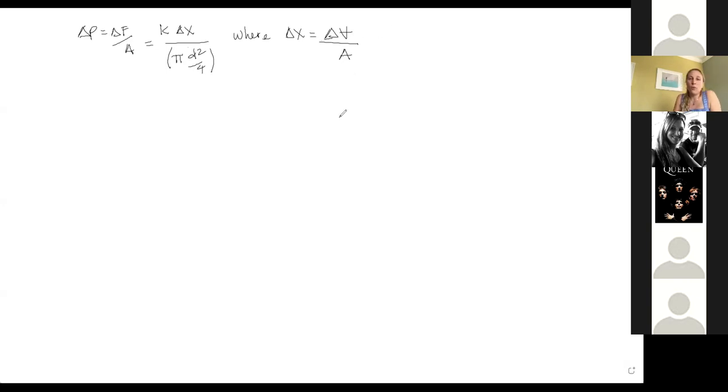So now we have our change in volume over our pi d squared over 4, which becomes 4 times the change in volume over pi times d squared. We know our change in volume and we know our d. We can plug and chug. So we have 4 times our change in volume, which is our volume final minus our volume initial.